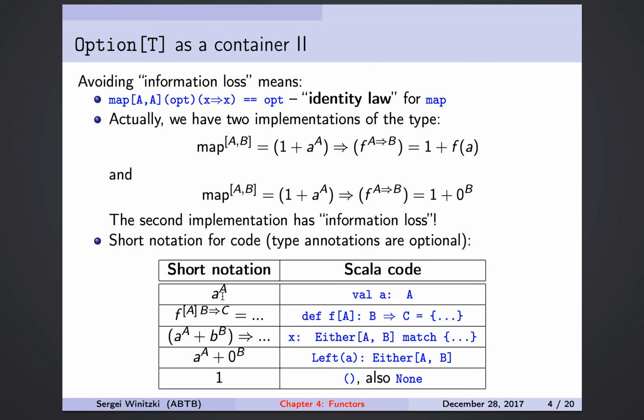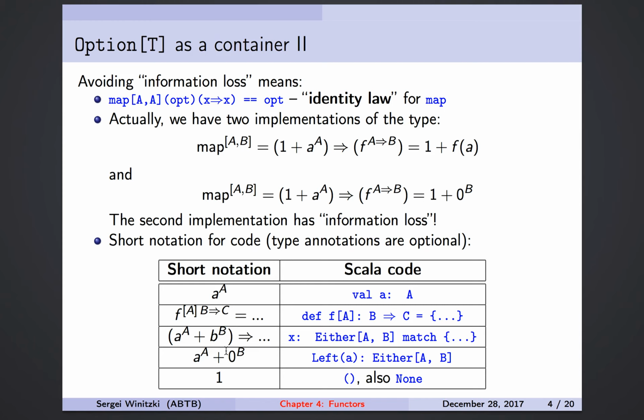Here's a summary of my short code notation, which is that you put type annotations as superscripts and type parameters here in brackets. And you can also put type annotations at the same time as type parameters like you do in Scala. If you have an argument that is a disjunction and you write it like that, and then you use a and b on the right hand side, that implicitly should generate some match with cases.